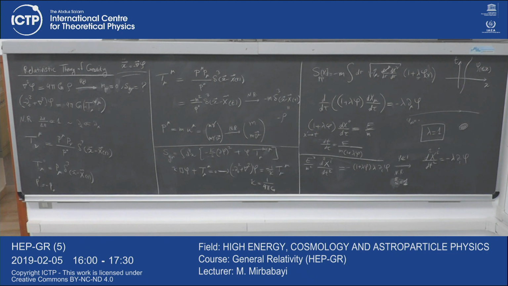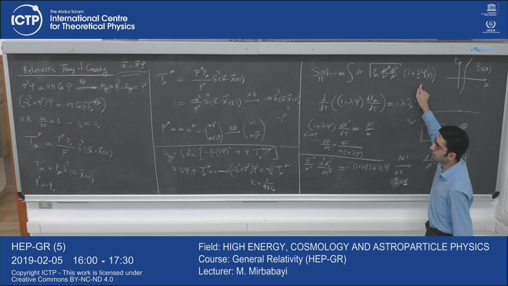So if I require that I reproduce the correct acceleration for a particle in this gravitational field, I will fix this lambda to be 1.